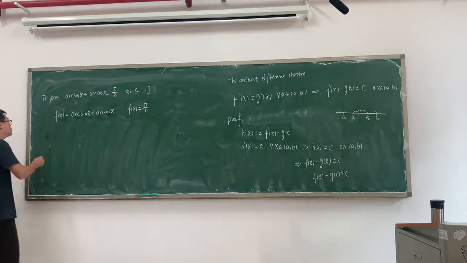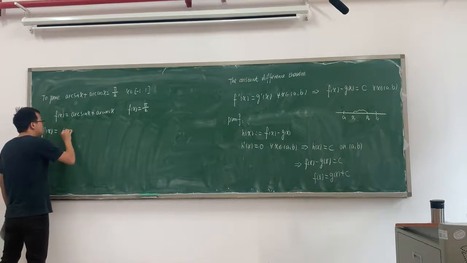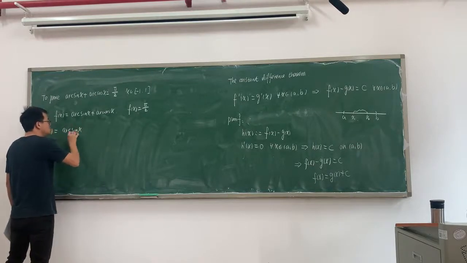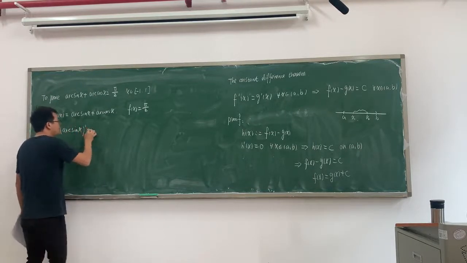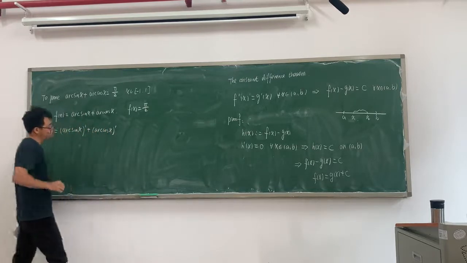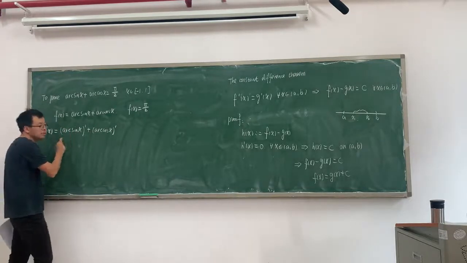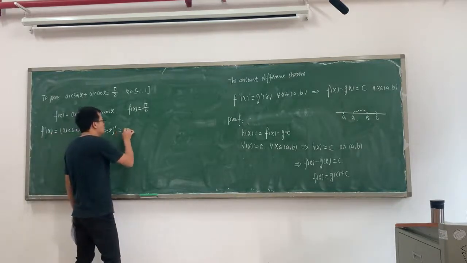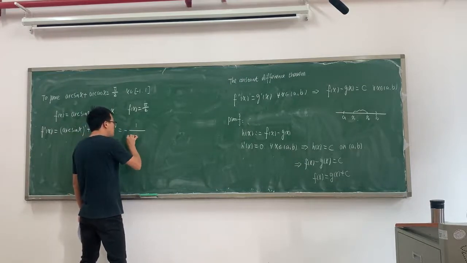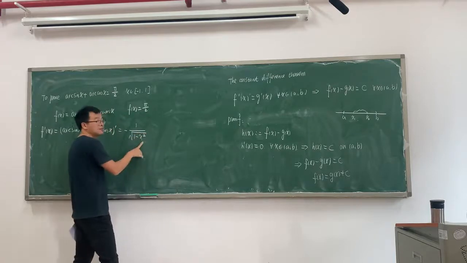So f prime(x) equal to arcsin x prime plus arccos x prime. Yeah, arcsin prime is 1 by the square root of 1 minus x squared.